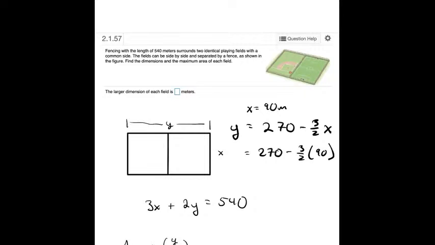Let's see, 45 times 3. So 90 plus 45 is 135. It's 135.